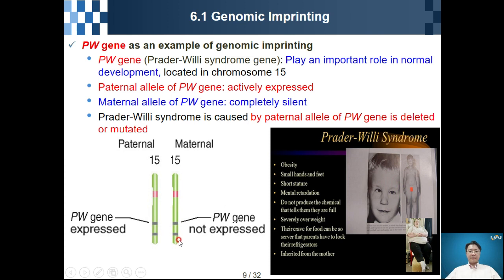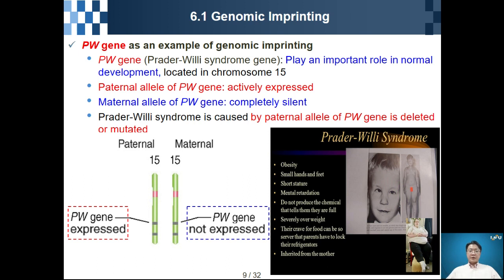The paternal allele of the PW gene can be actively expressed. However, the maternal allele of the PW gene is completely silent due to genomic imprinting.